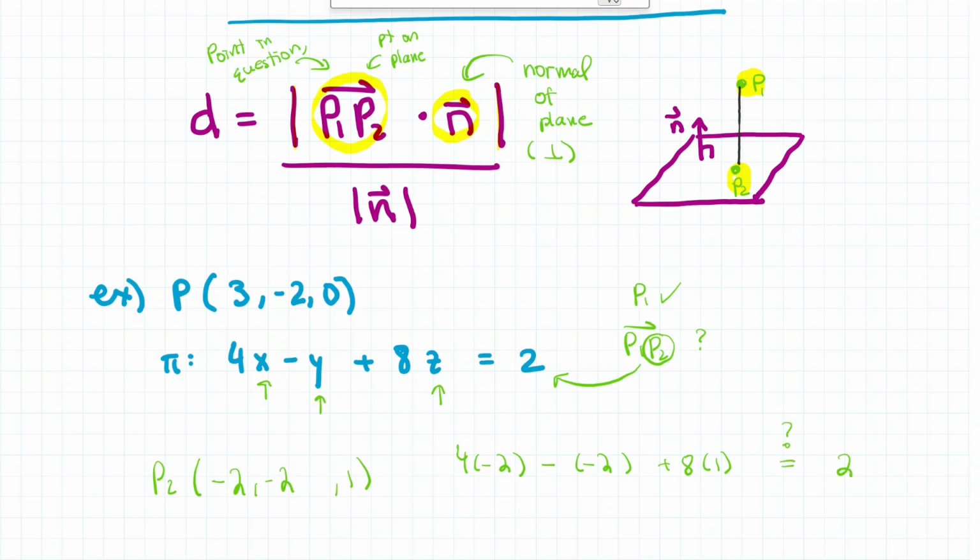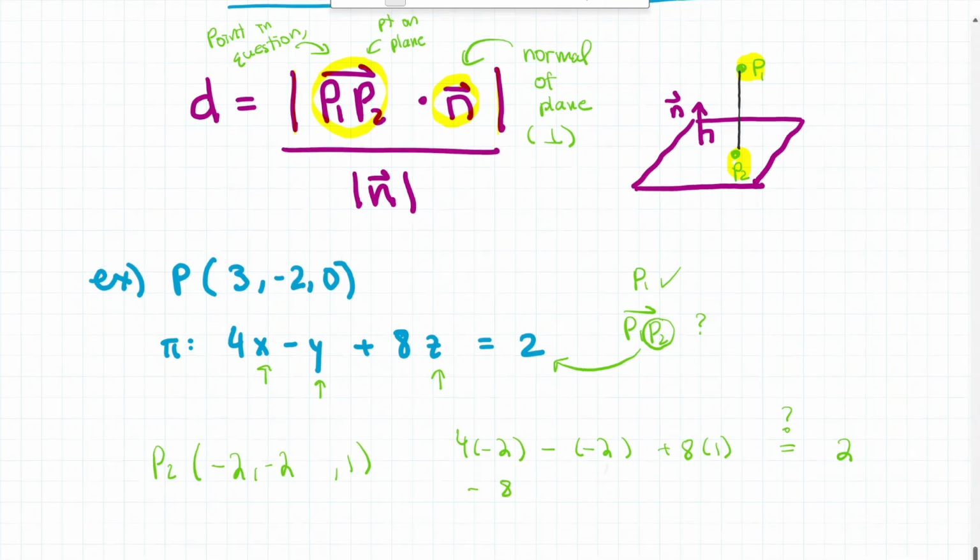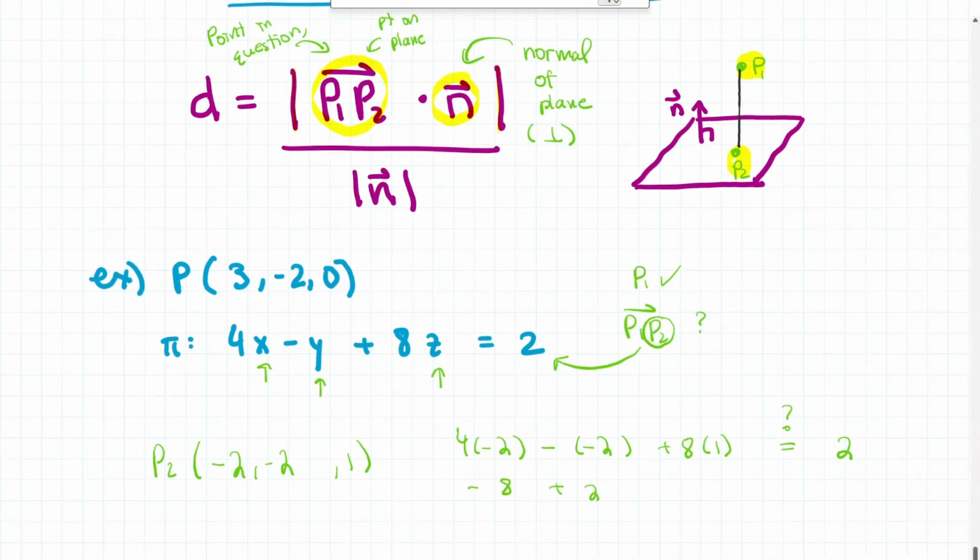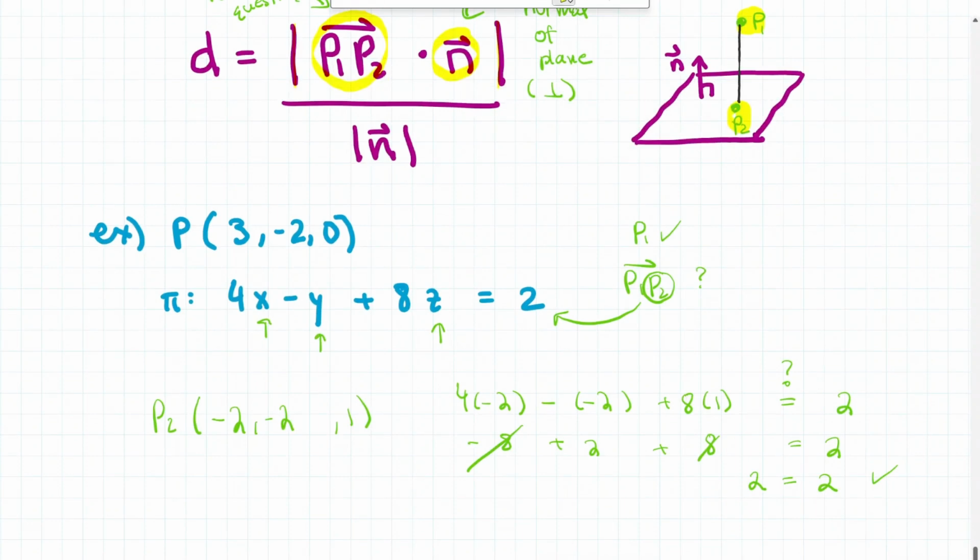Does this equal each other? Well, we would end up with -8 plus 2 plus 8 equals 2. So these would cancel out, and you end up with 2 equals 2. So that's right, which means that we can go ahead and use this point for P2.